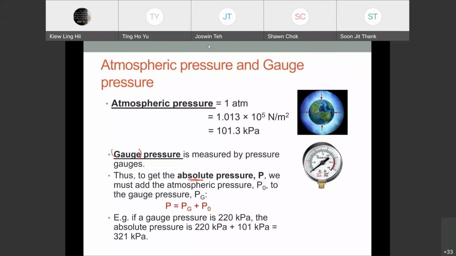Okay, so absolute pressure equals gauge pressure plus atmospheric pressure.